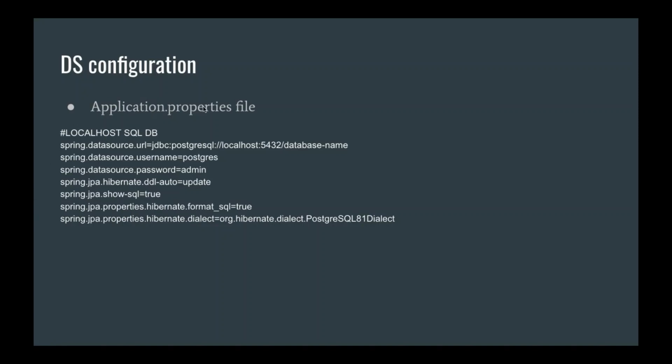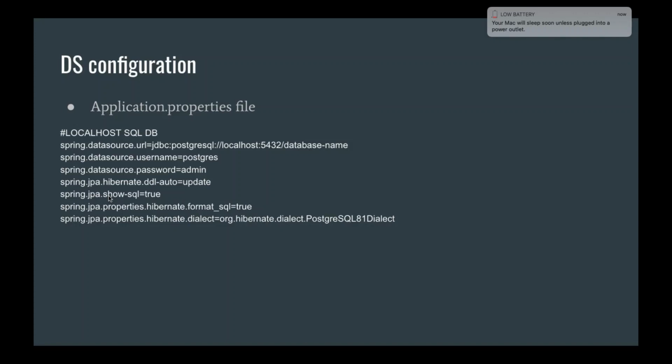So it's the application.properties file, and you have your spring.datasource.url, which is your Postgres URL, localhost, port number, and database name, and then datasource username, postgres, datasource password, admin. And then you also want to configure some JPA configs in there.